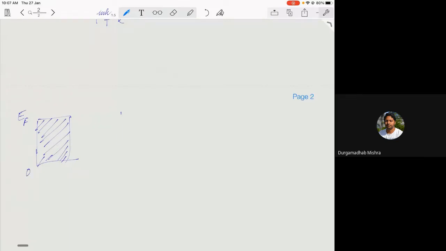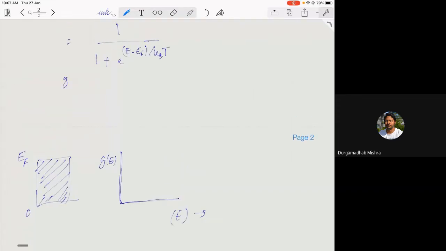If I plot G of E as a function of E, the mathematical function was G of E equals some constant, 8 pi 2 to the power half, then me star by h square to the power 3 by 2, and E to the power half.